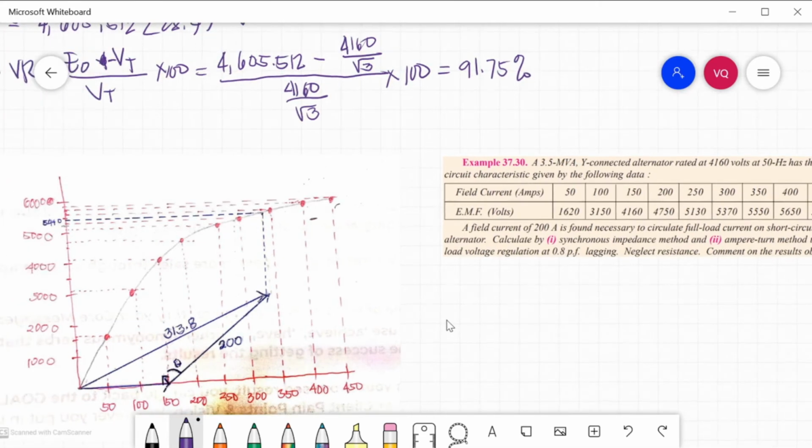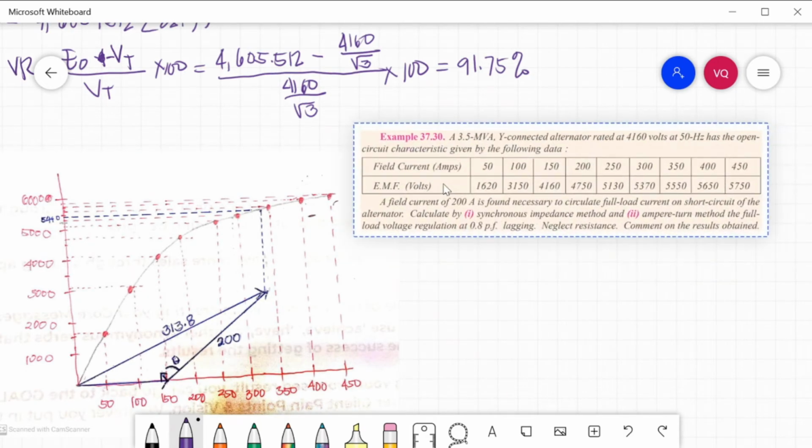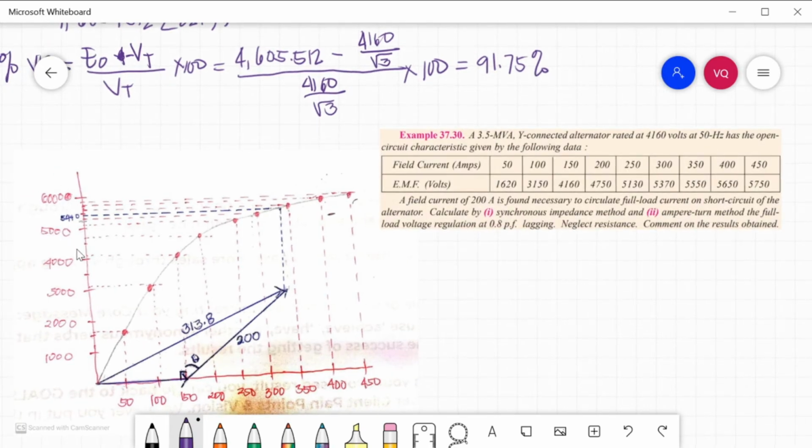Here I already graphed the given parameters, which are, on the y-axis, the open circuit voltages, and on the x-axis, the field currents. So for 50 amperes, we have 1,620.